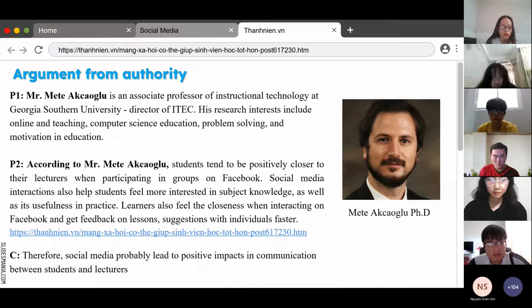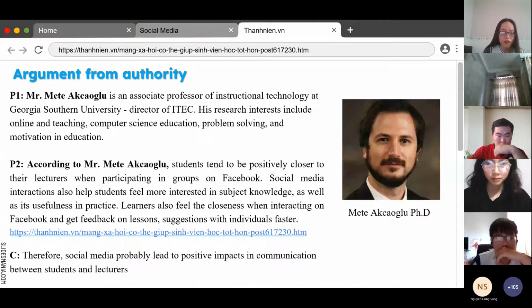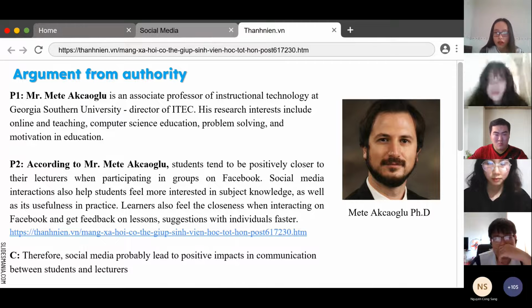Social media interactions also help students feel more interested in subject knowledge, as well as its usefulness in practice. Learners also feel closeness when interacting on Facebook and get feedback on lessons or suggestions with individual factors. Therefore, social media probably leads to positive impacts in communication between students and lecturers.